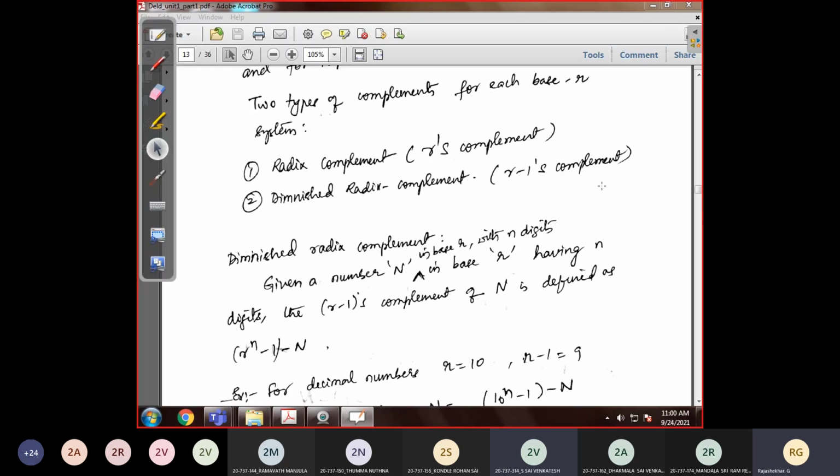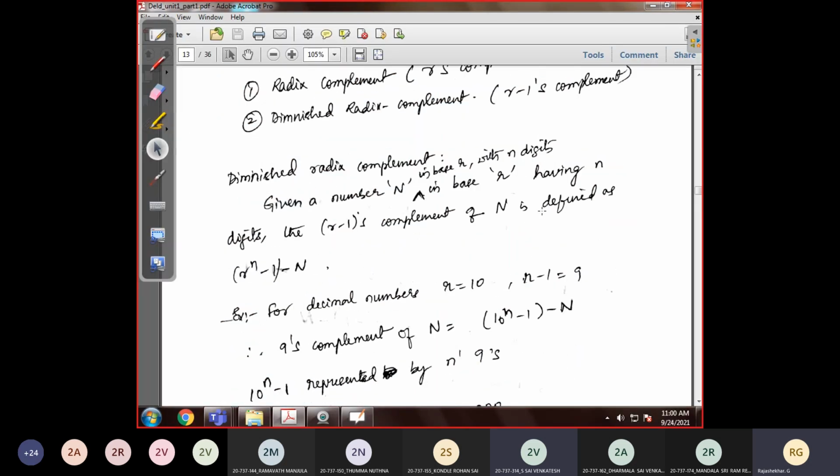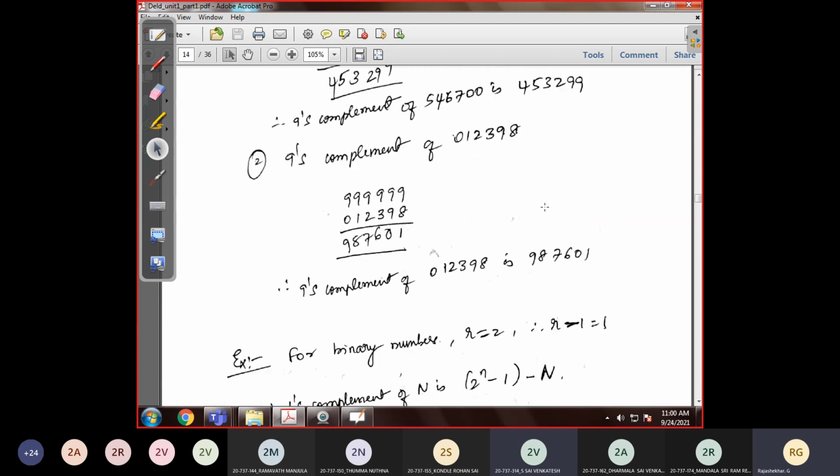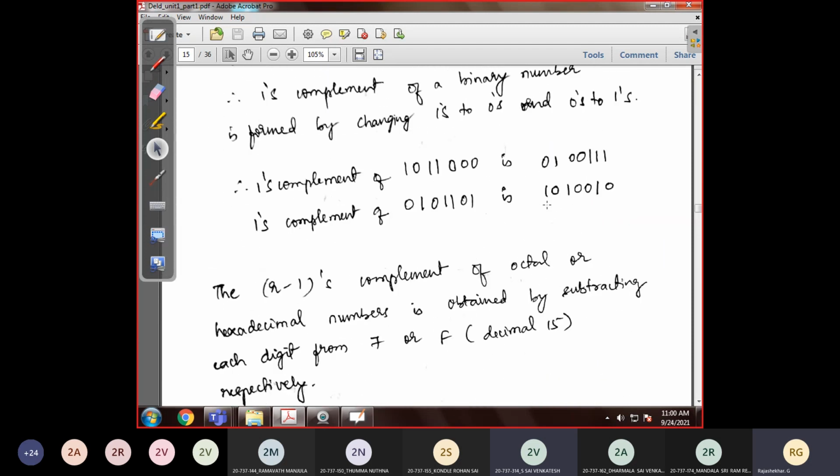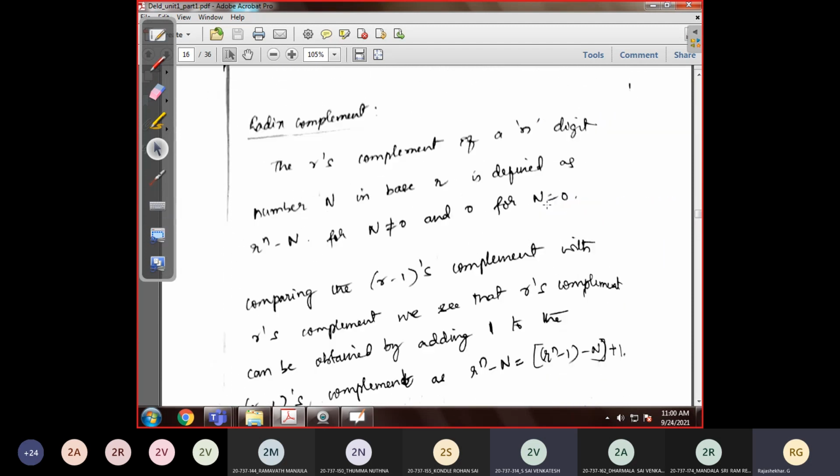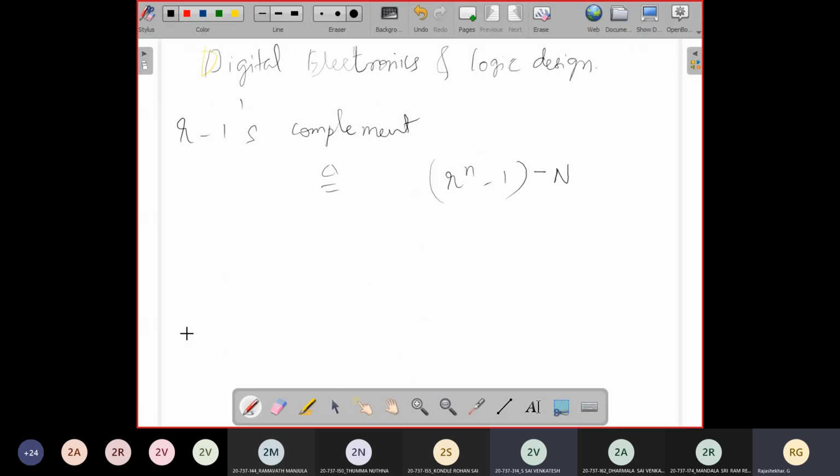Now let us have the definition for the other complement as well. The other one is R's complement. The R's complement of an n-digit number N in base R is defined as R power n minus N. So let us write the definition for R's complement as well. This is R minus 1's complement. Now write R's complement.